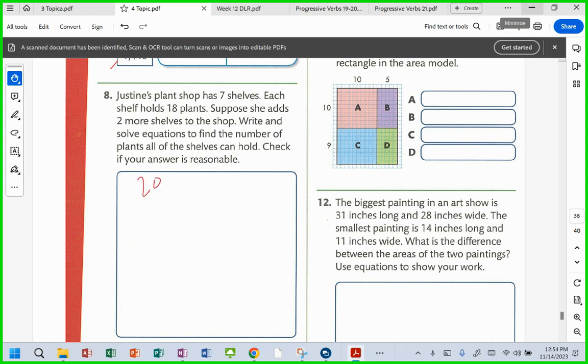I mean, come on. That's 20 times what? Times how many shelves? Or no. I'm sorry. That's not 20. She's adding 2 more shelves, right? So it's going to be 7, 8, 9, right? Times 18 plants. But do they ask us to estimate here?